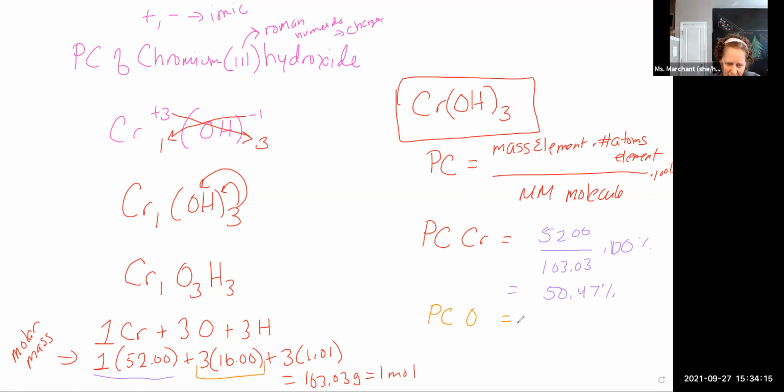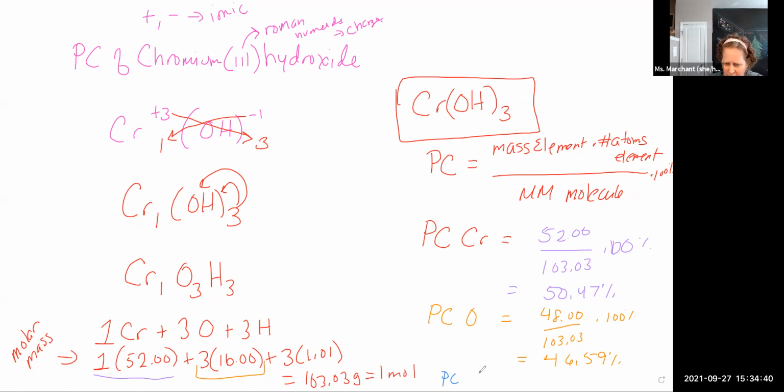The mass times the number of atoms of oxygen, 48.00 over 103.03 times 100%, 48.00 divided by 103.03. And that gives me, to 2 decimal places, 46.59%. And who do I have left?